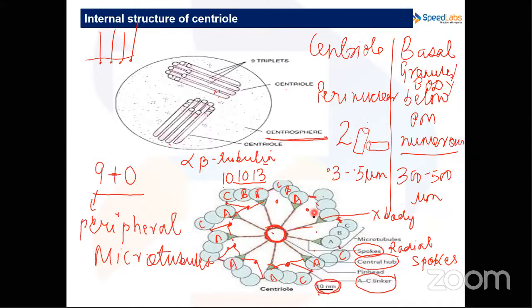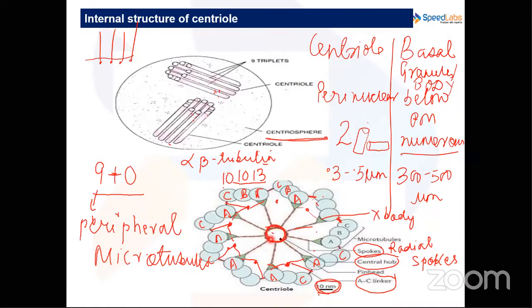And between two X bodies, there is this Y body. X bodies and Y bodies are linked, and the Y body is also linked to the AC linker. So the Y body has linkage with the AC linker and also with the X bodies lying close to the A subunit.